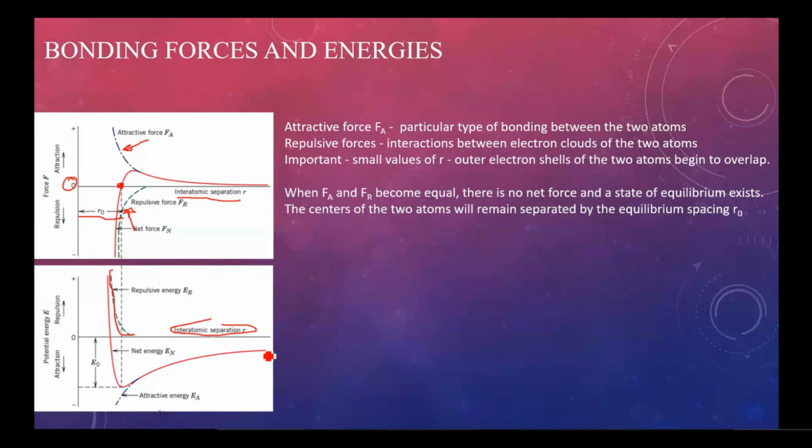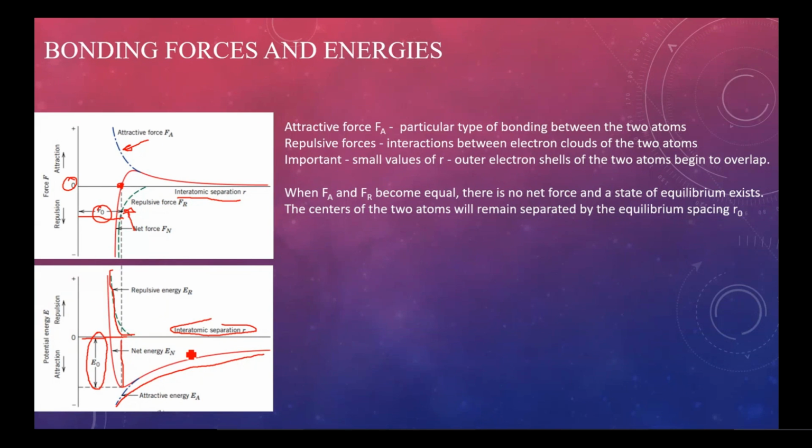And as the atoms are at a much wider distance, there is attractive energy associated with the two atoms. Now, at this R naught distance, or the distance at which the bond is being formed, the difference between the repulsive and attractive energies would be minimum. That means you would have the lowest point in the energy curve.